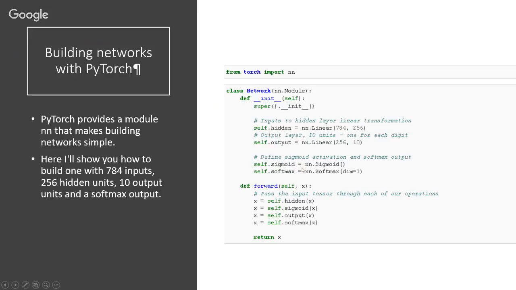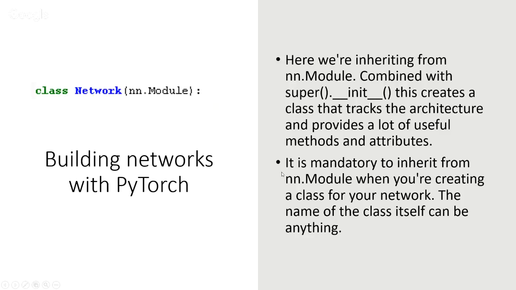Then, for example, it has a sigmoid function from nn, which we'll go into more detail later, and softmax, and then it needs to pass all that through the network in a forward pass, and then returns the results. So I'll break this down in more detail.